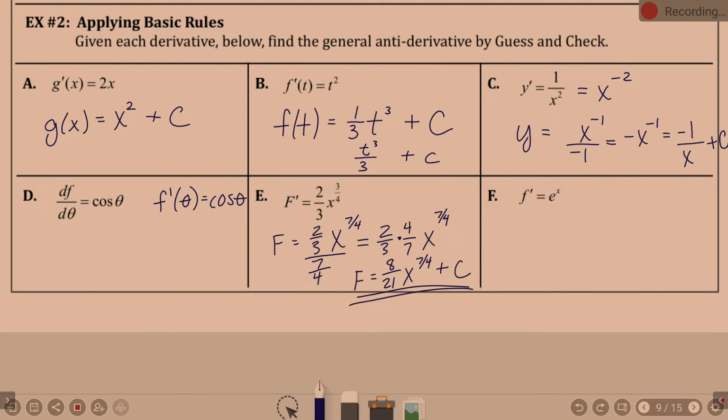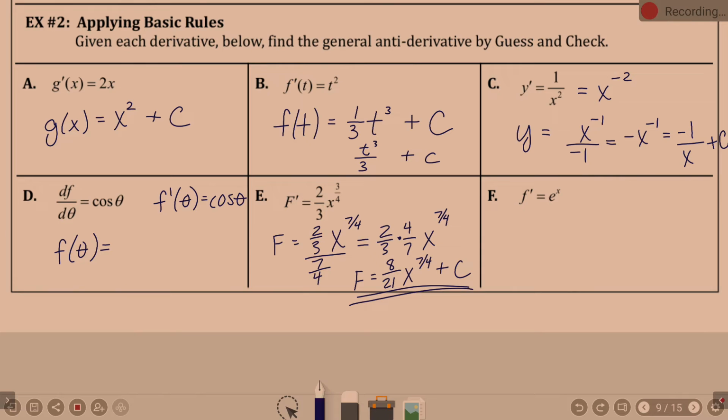That's what they're saying there. I want to know what f of theta is. This is just a flat-out rule you have to know. Use what you know about derivatives, obviously. What's your guess? Sine theta.